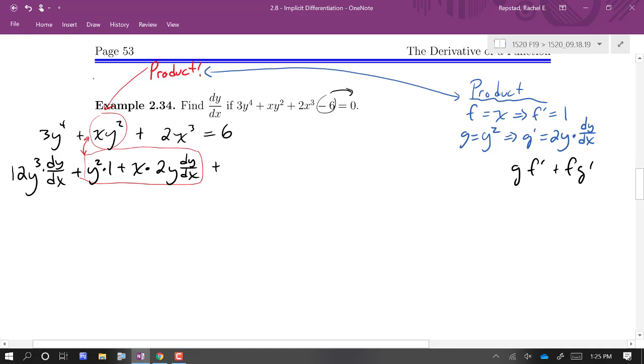And then we can move on to our last term, which is 2x cubed. What's that derivative? 6x squared dx over dx, or just times 1, right? dx over dx is 1. You'll notice that we kind of left that out here.